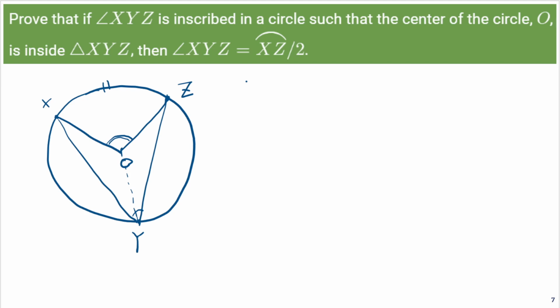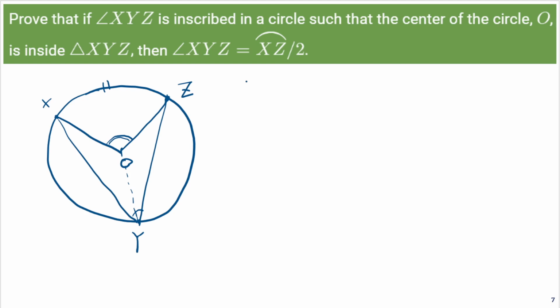So we might use our specific cases previously as a guide, right? And we connect O to X, Y, and Z to form isosceles triangles. We don't know any angles this time, so we'll have to use variables to denote these angles.